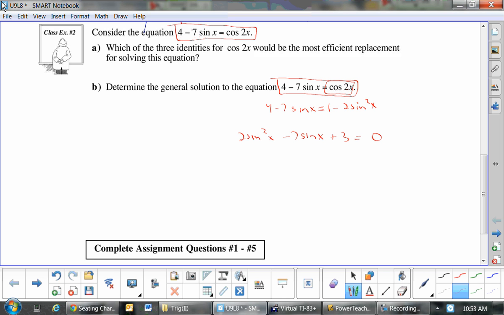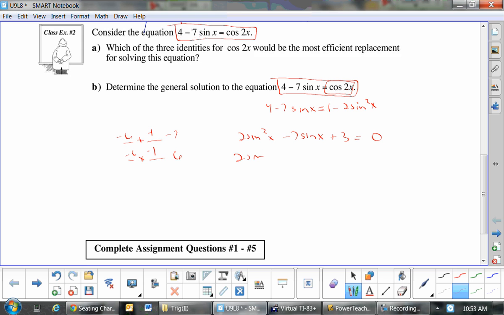Okay, so back to grade 10. What 2 things add to give me -7, multiply to give me 6? -6, -1.